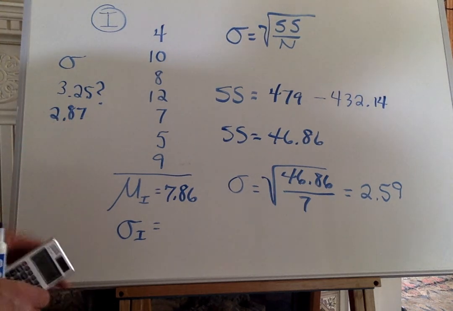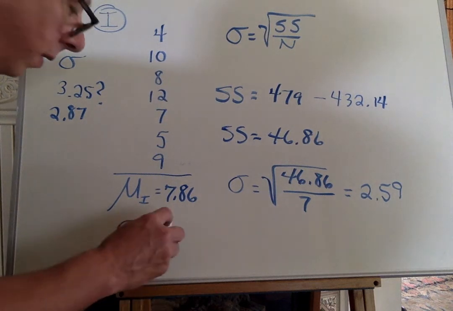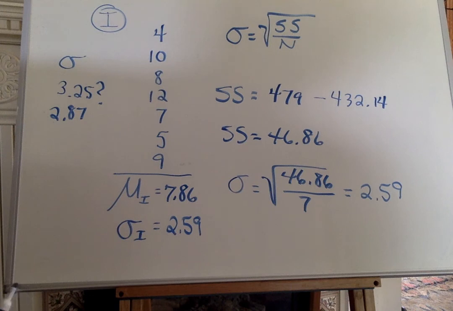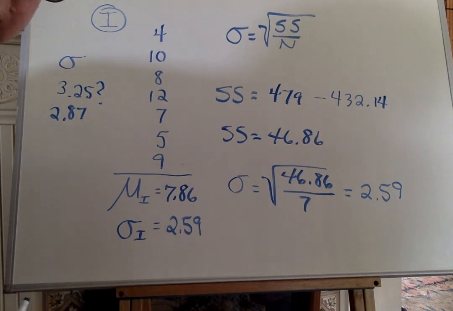Okay? So standard deviation here is 2.59, and it's a measure of variability.